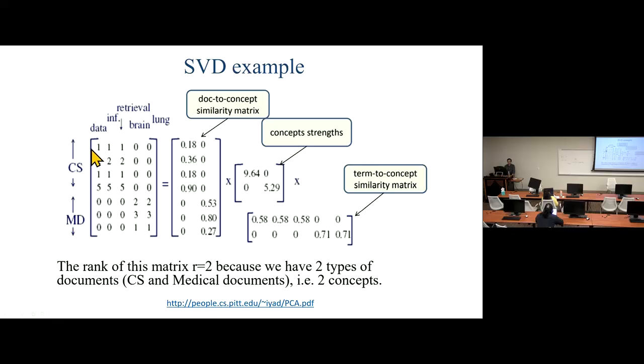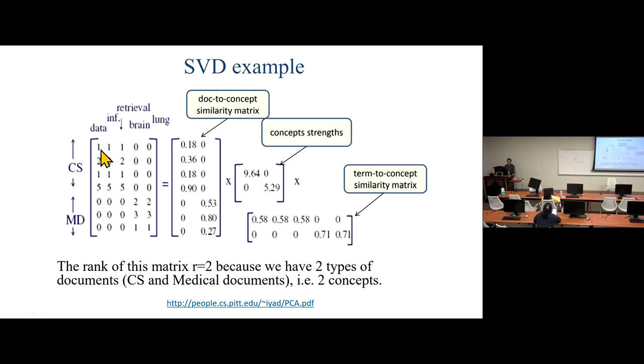The first 4 books are from computer science, and then the last 3 are medical related books. So you have 7 books, and then you count the frequency of these keywords.